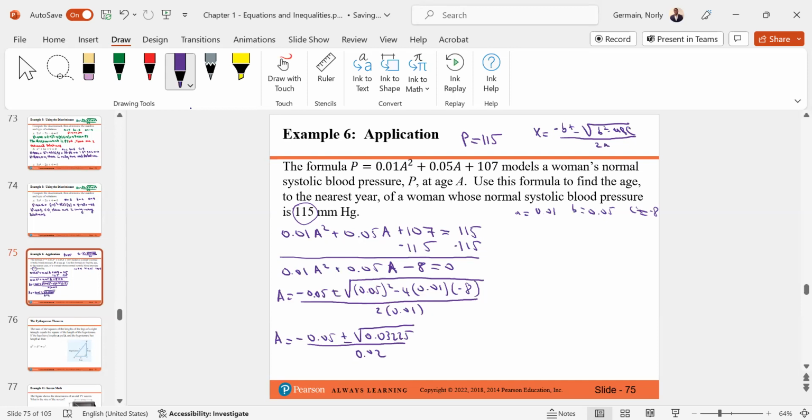Remember, there are two answers you must find. When you take the square root, it's gonna give you a equal negative 0.05 plus or minus 0.568 over 0.02. All right. Now, two answers. Remember, for the first one you use the negative.